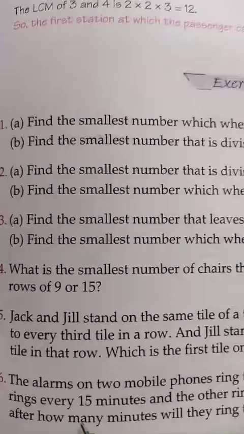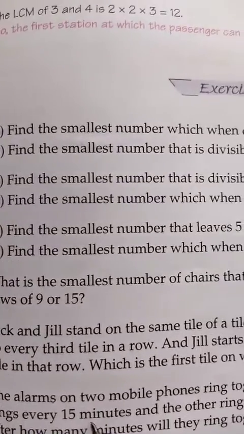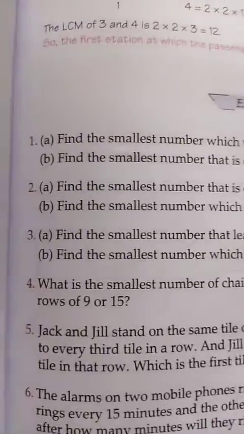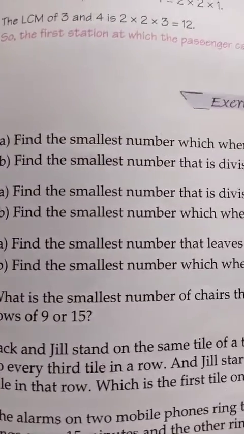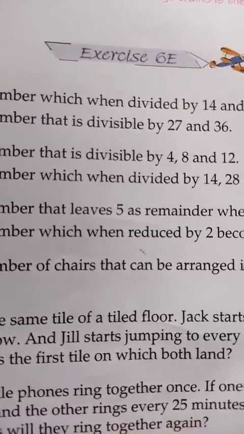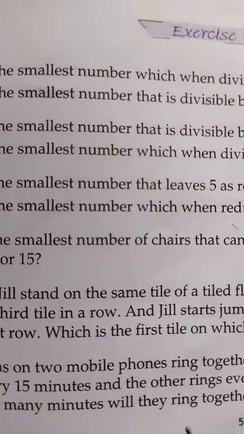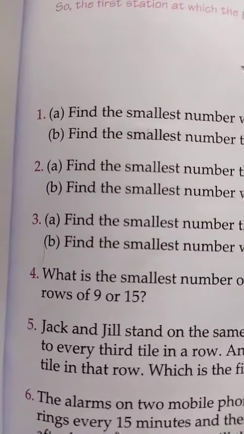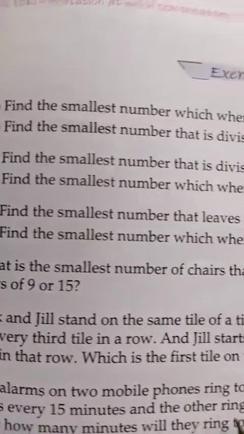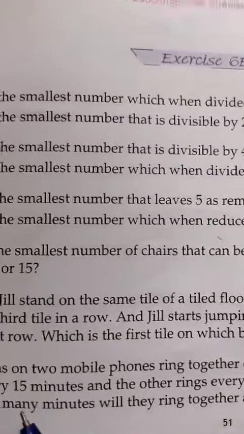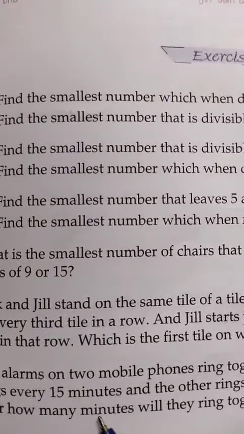If one rings every 15 minutes and the other rings every 25 minutes, after how many minutes will they ring together again? So in this question also you have to find the LCM. You have to find the LCM of the numbers 15 and 25. The LCM which you get will be your answer.